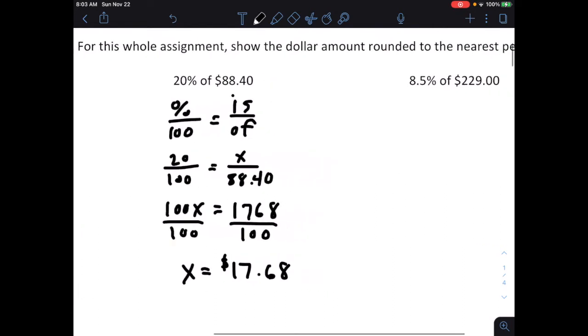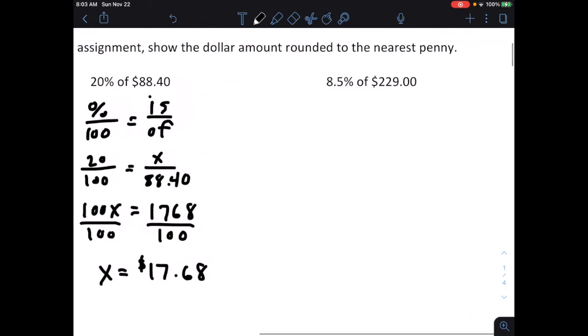Okay, so let's do one more. This time we have a real small percent. So I'm going to skip writing our basic fraction equation because we have it right there next to us. So we have 8.5 over 100 equals x over 229. Okay, so we cross multiply.